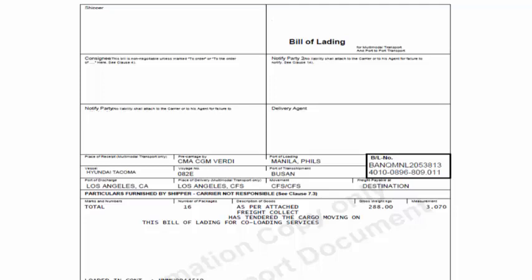What we also know is that although it's blanked out, the NVOCC, the consolidator, has tendered the cargo moving on this bill of lading for co-loading services. So there were not only 2 ships involved, there were 2 NVOCCs involved. The master loader who built the consolidation and another freight forwarder that tendered this small shipment to that master loader.